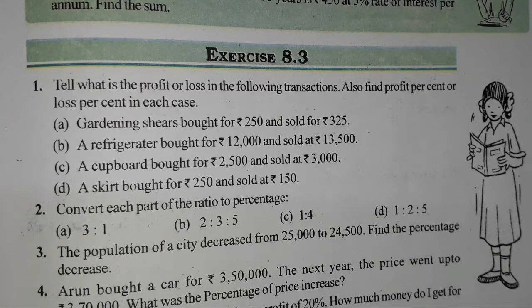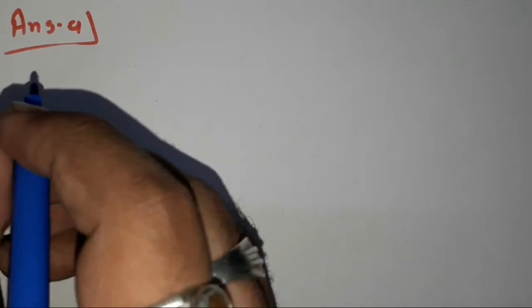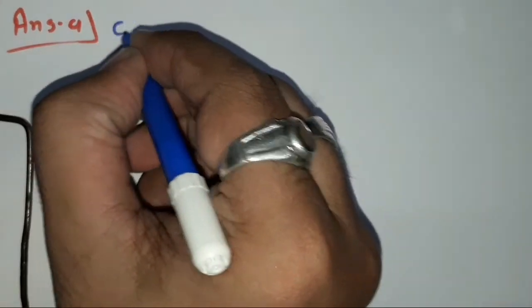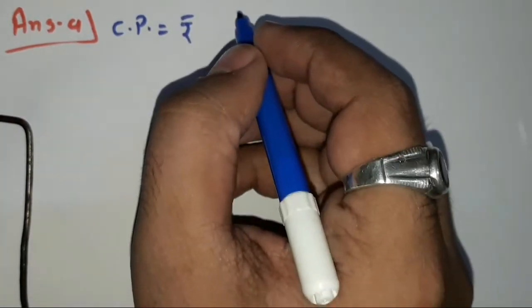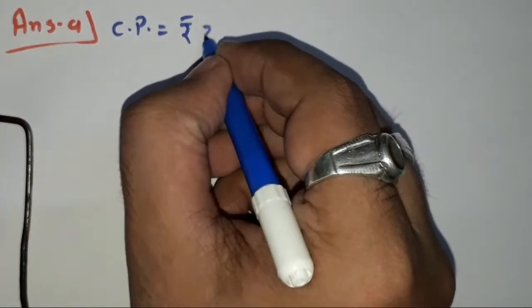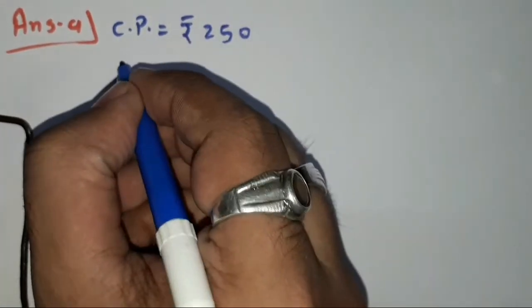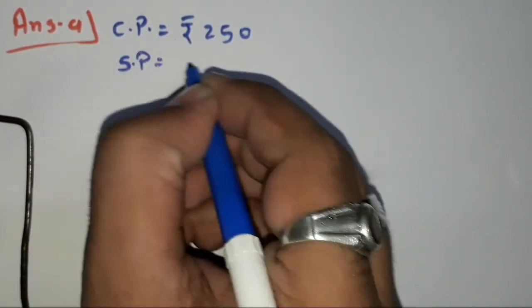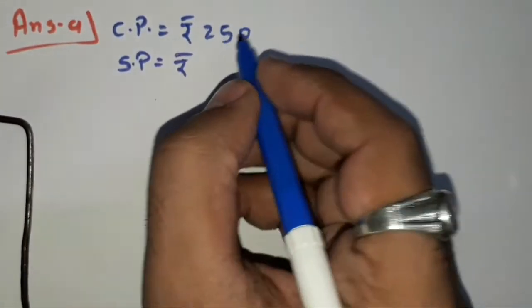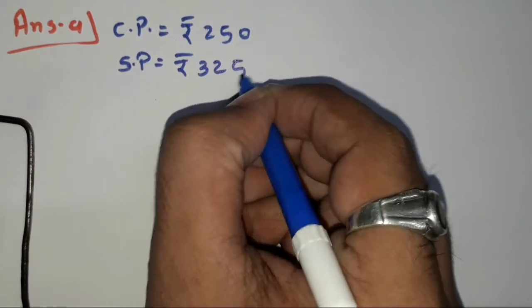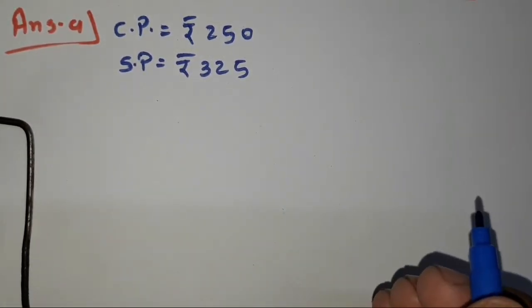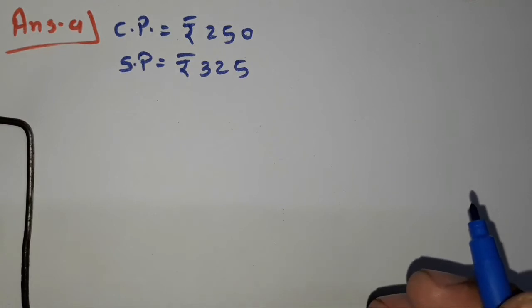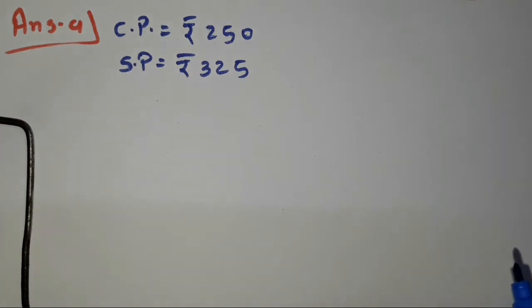To solve this type of example, the first step will be to write the cost price. So here we will write that cost price is equal to rupees 250. Then selling price is given, sold at rupees 325. Whenever this type of question is there, the first step is to check whether the selling price is higher or lesser than the cost price.